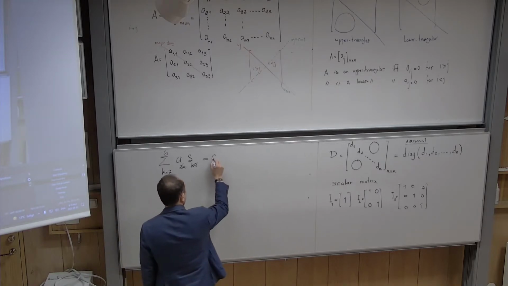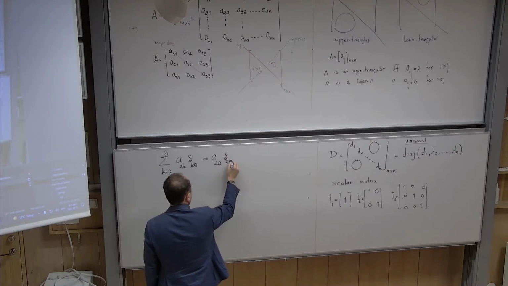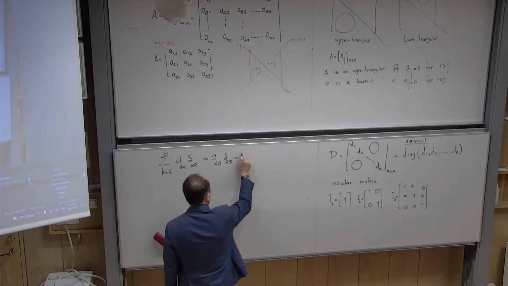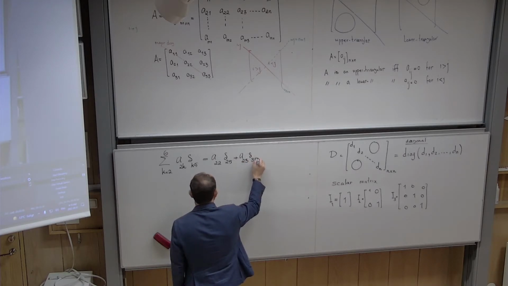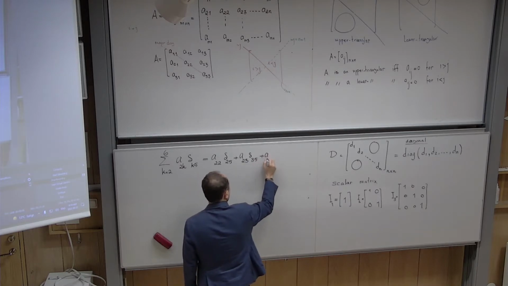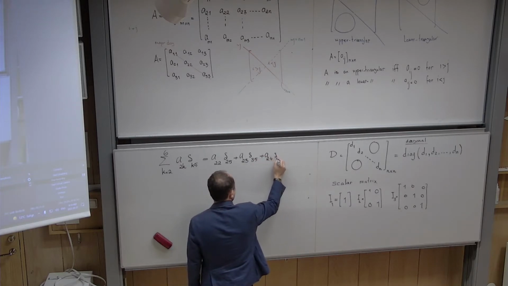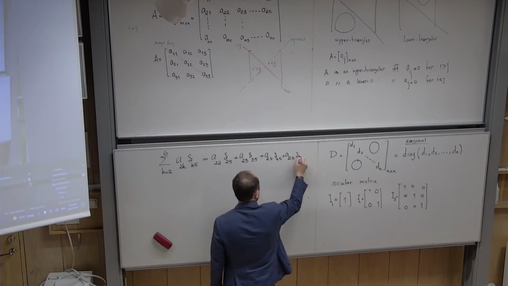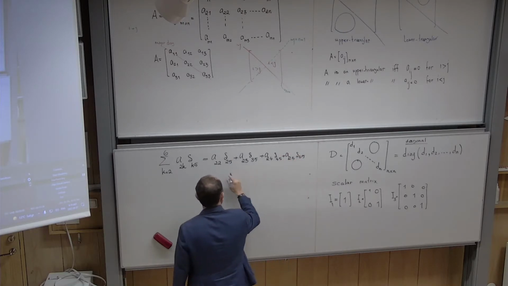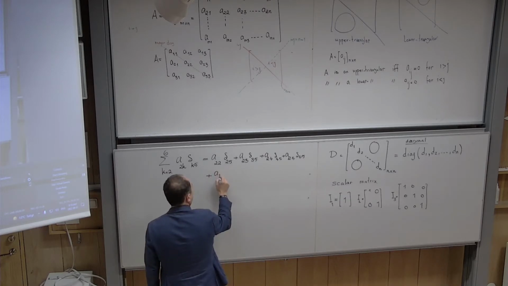So this becomes a22 delta 25, and then for the next one, a23 delta 35, plus a24 delta 45, and then you have a25 delta 55. And then finally one more, a26 delta 56.